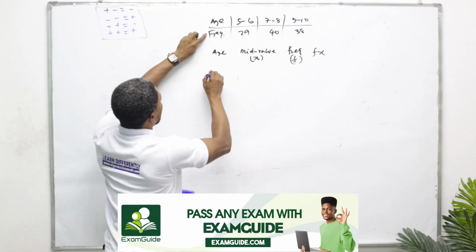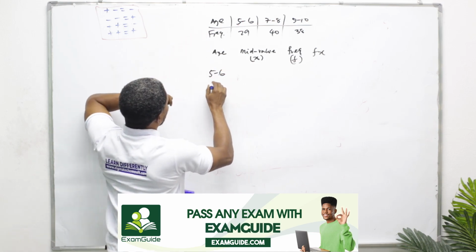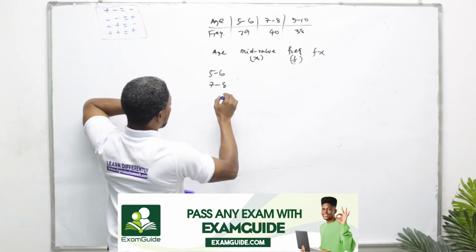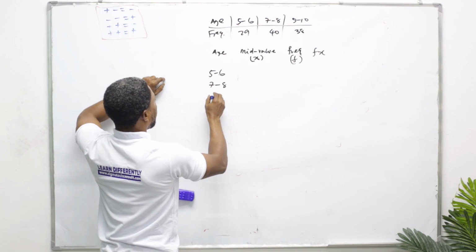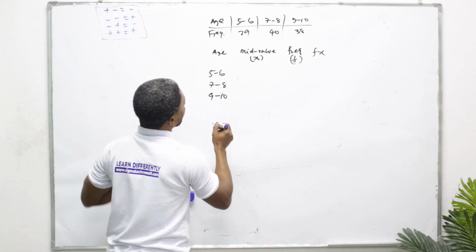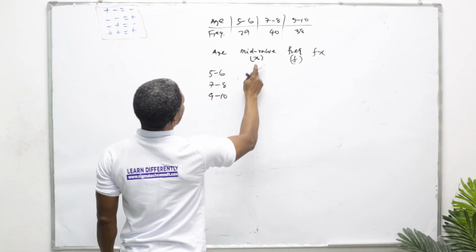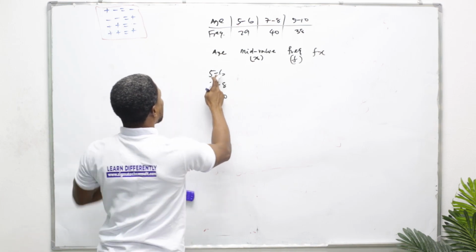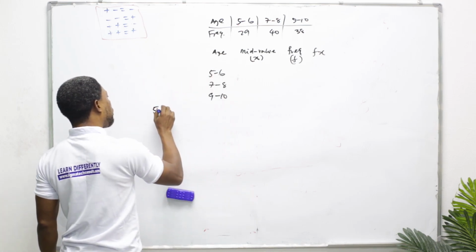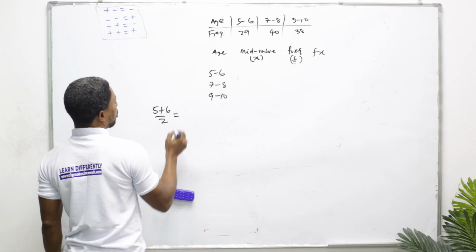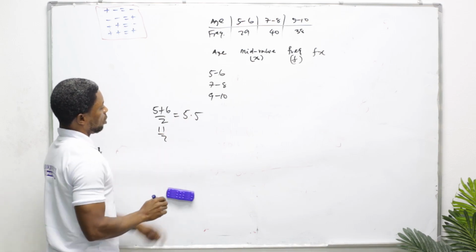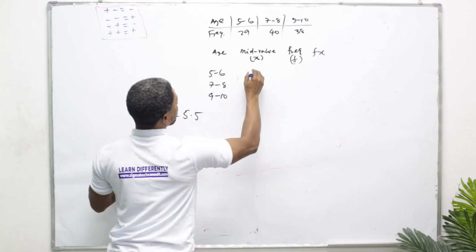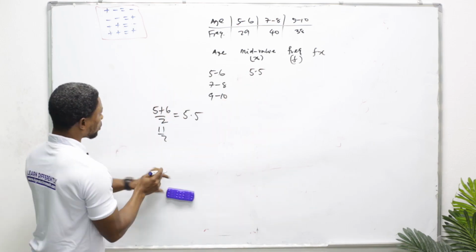So under age, I have 5 to 6, 7 to 8, 9 to 10. This is not 7 minus 8. Then x, the middle value here: 5 plus 6 divided by 2, because this is 11 divided by 2, gives 5.5.